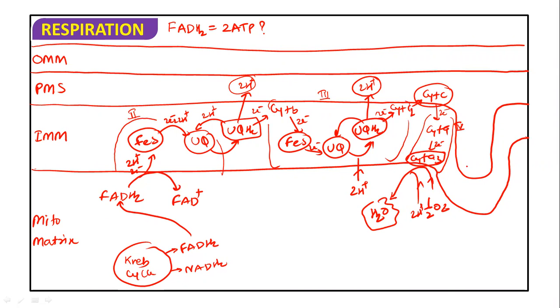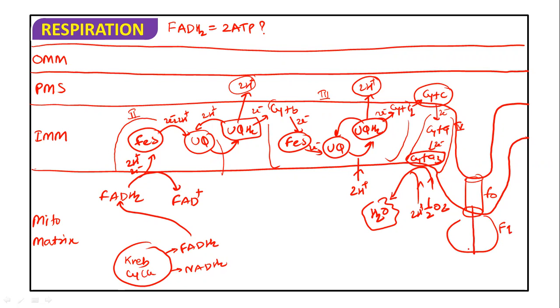Okay, and like this, during the transfer of electrons from FADH2 to half O2, two pairs of protons are passed to the perimitochondrial space. As we know, here there is an F0 F1 complex.